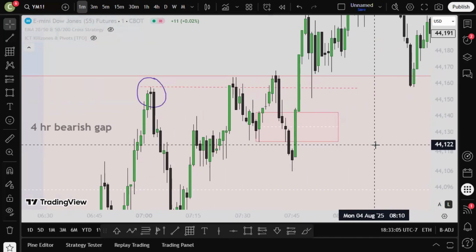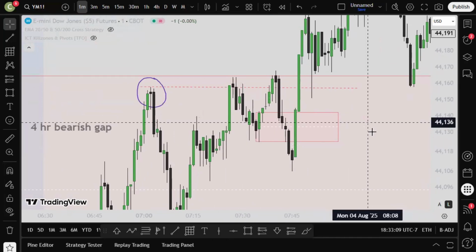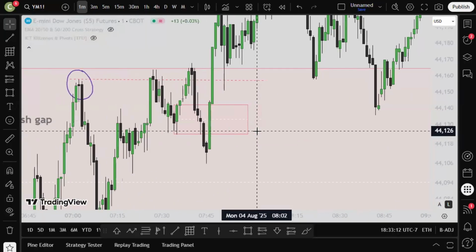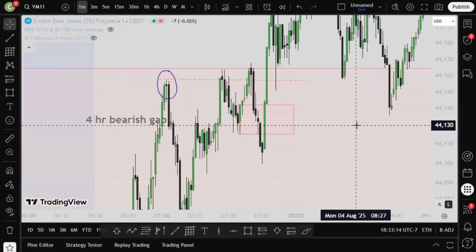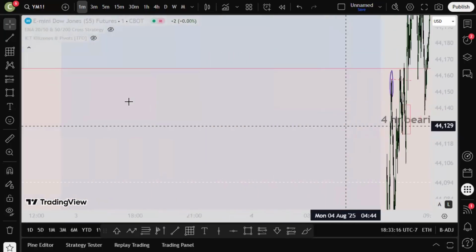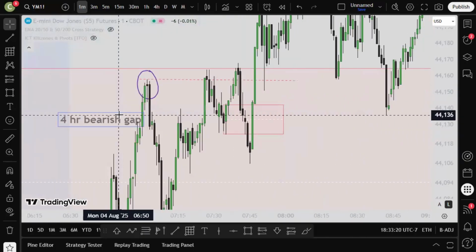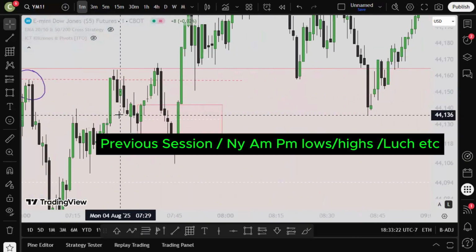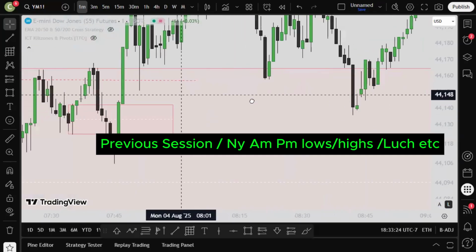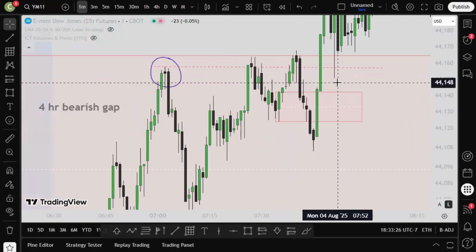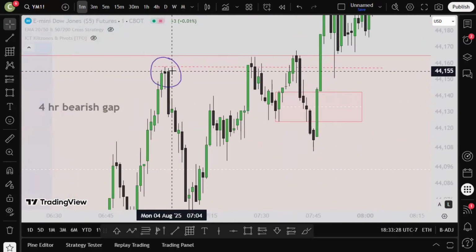So let's go over some liquidity criteria on what price must do inside this 4-hour fair value gap. We want to look for relative equal highs and lows, and over here, we didn't have any. We're looking for the previous session highs, London highs, Asian highs, like we said, with our indicator, and we could not find any in here.